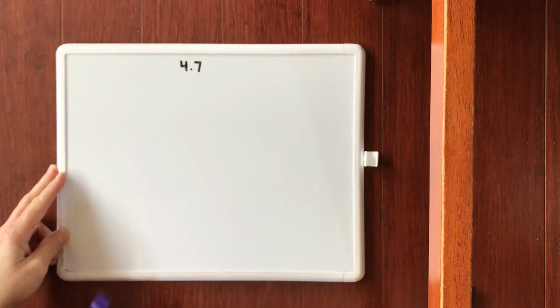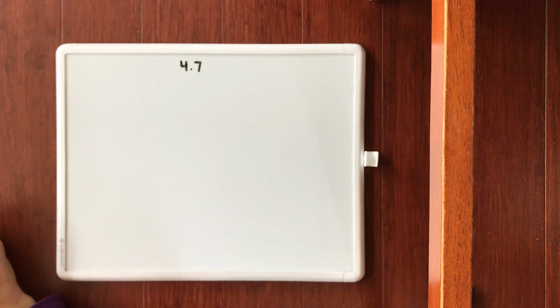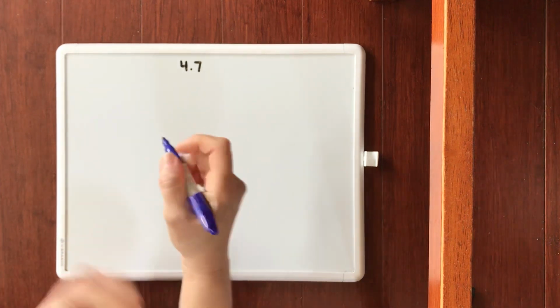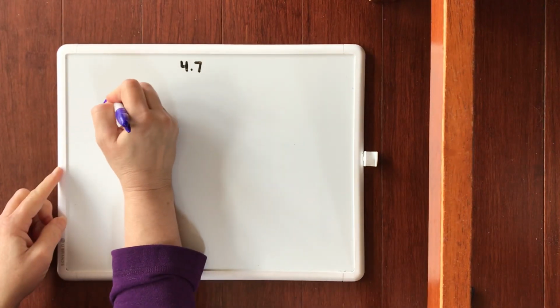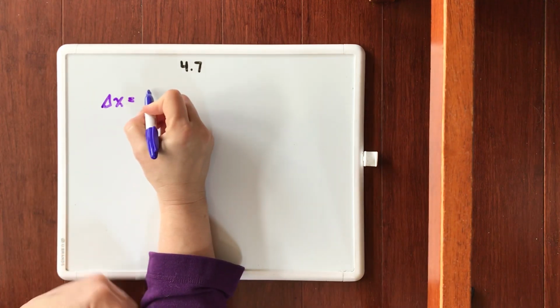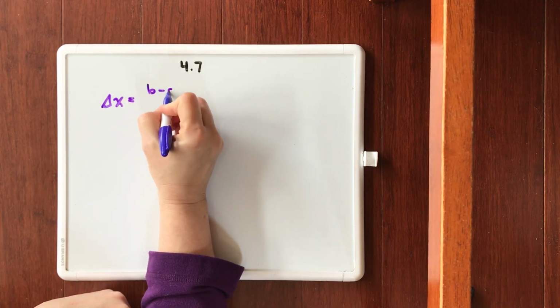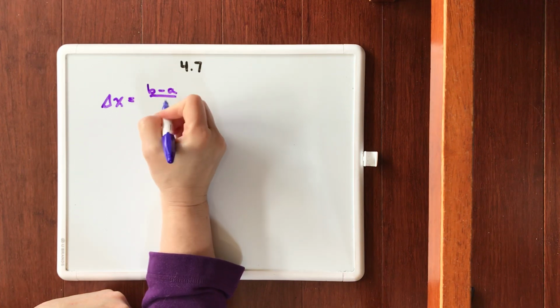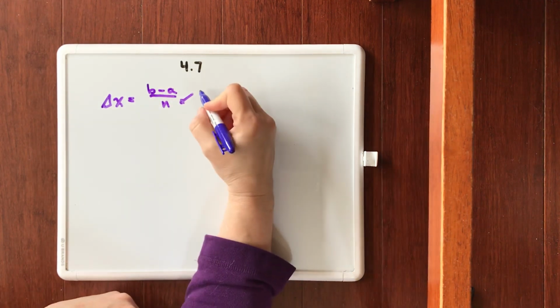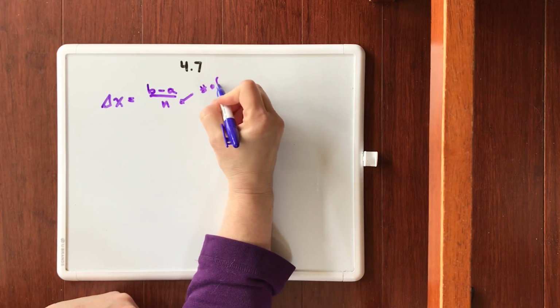So that's one method, the Riemann method, using Riemann sums. Now delta x, we've just been talking about a lot. The official definition of delta x is b minus a divided by n, where n equals the number of subdivisions.